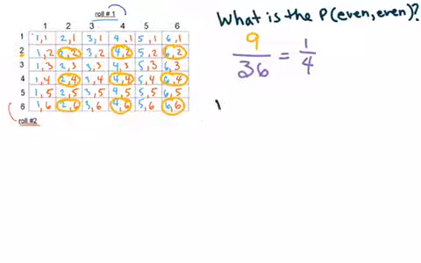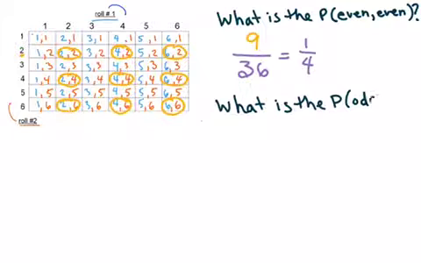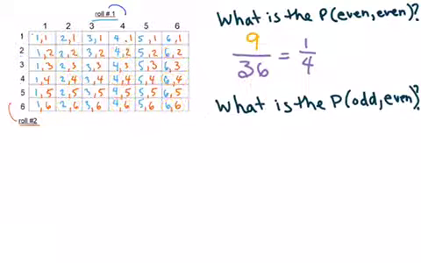Okay, now look at what is the probability of odd first and then even. So roll 1 would be odd, second roll would be even. So you do the same thing that you just did. You look for all of those that fall under odd first and then even.